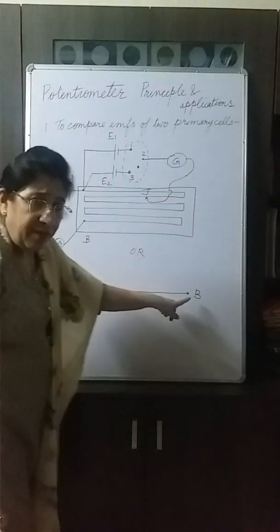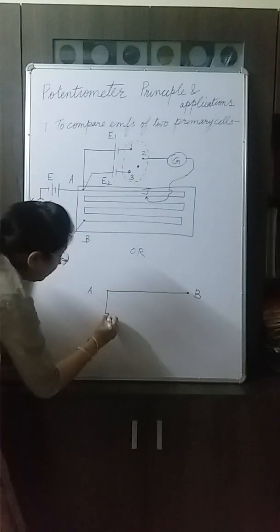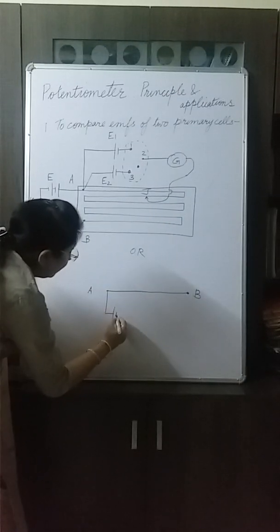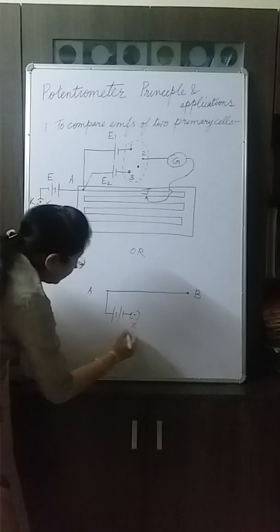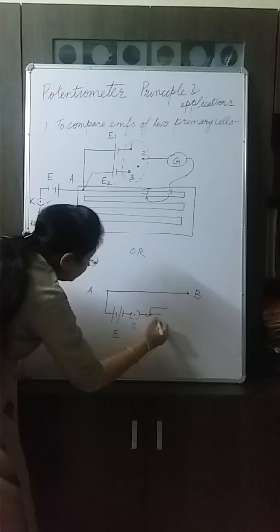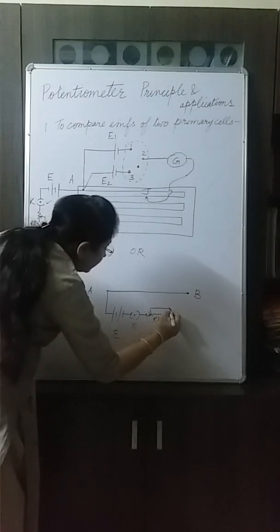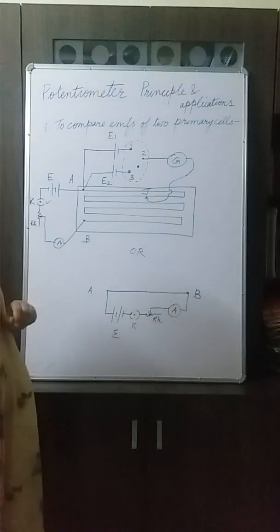Say AB wire, and between the two ends of the wire for the driving circuit we have a battery, a key, a rheostat and an ammeter. This is the driving circuit.